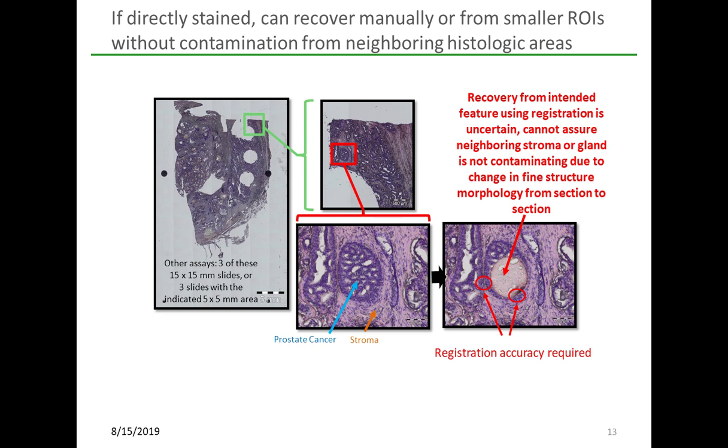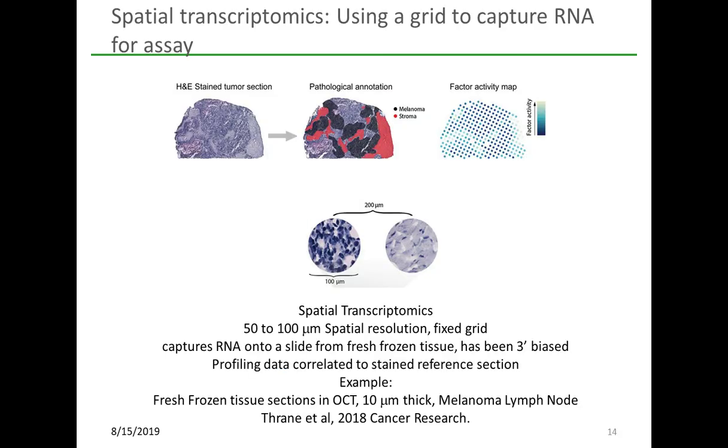And so there's no guarantee that gland will look like that in the next serial section. Those edges are going to change, and you can get cross-contamination if you're using a reference sample down at this level of 100 microns or 130 microns or less. It becomes much more difficult to use a reference sample.